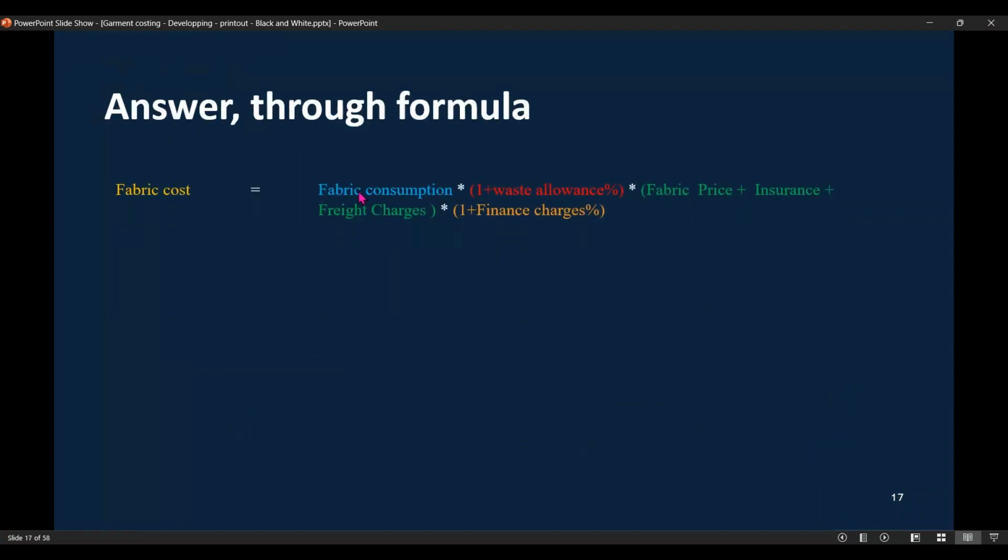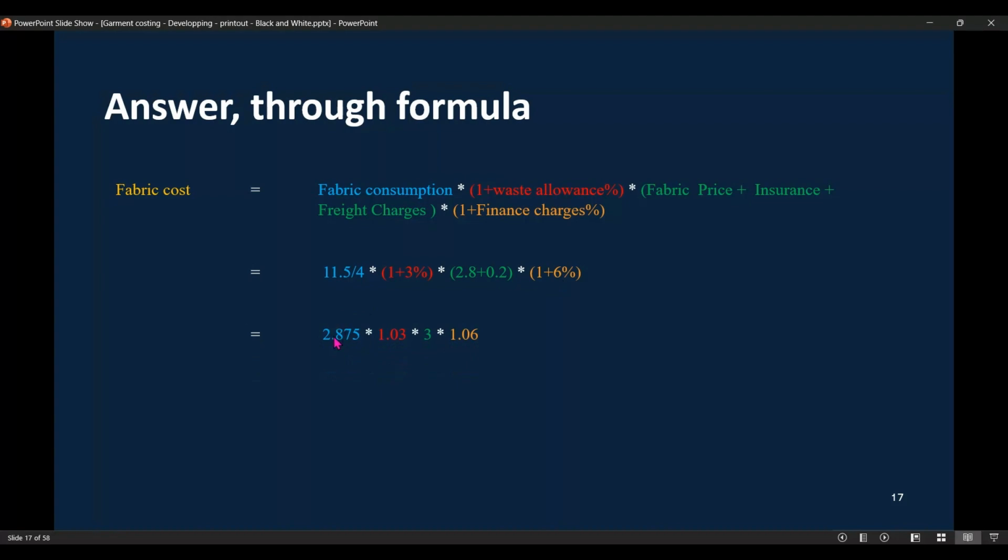Now this is the formula: fabric consumption into (1 plus wastage allowance) within brackets, and into, within brackets, (fabric price plus insurance plus freight charges) into (1 plus finance charges percentage). Now we see this is the answer: 11.5 divided by 4, into 1 plus wastage allowance, into fabric price, insurance and freight charges 2.8 plus 0.2, into 1 plus finance charges 6%.